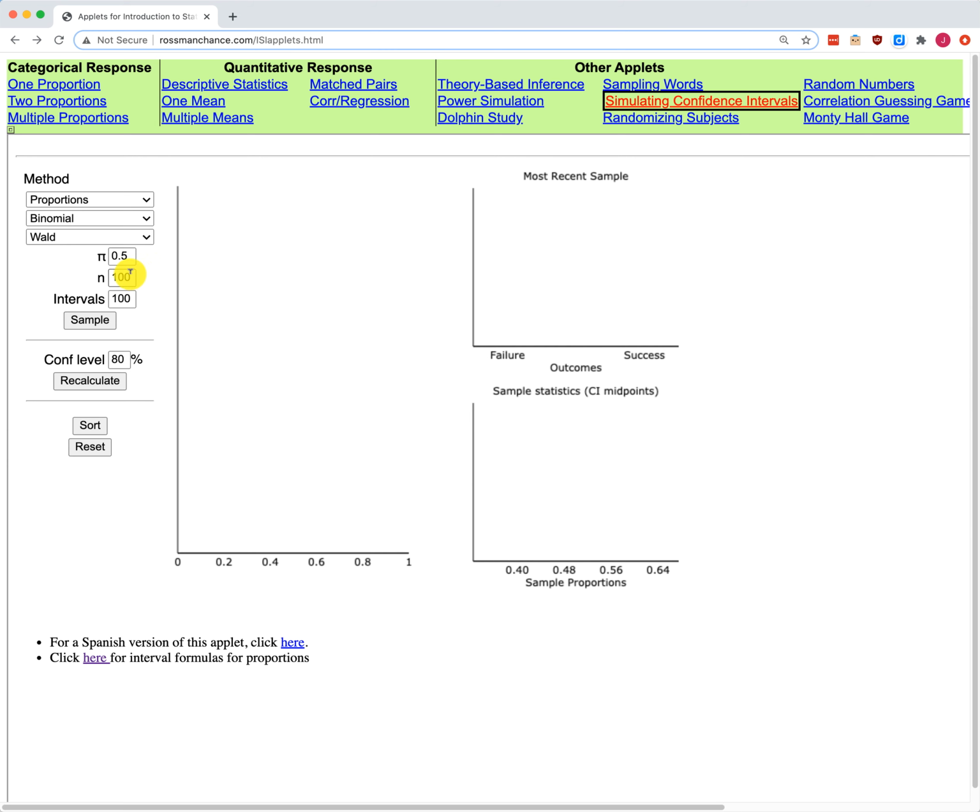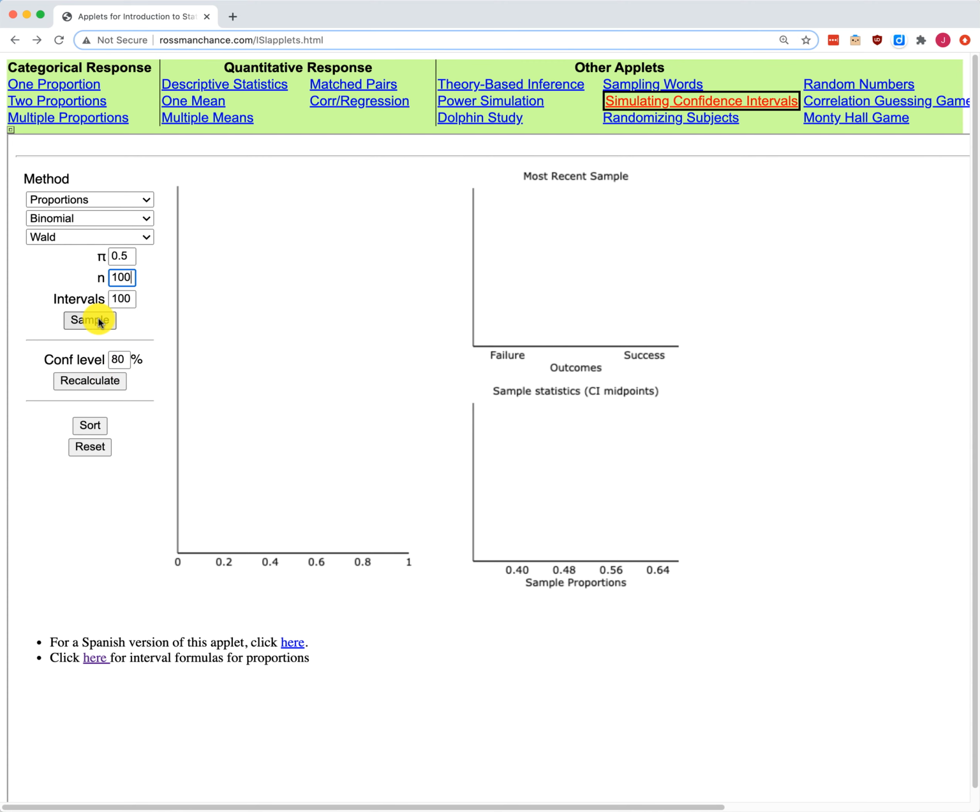Here's n. Let's do an experiment here. I've clicked the reset button, and we're going to do some comparisons. Let's let a sample size of 100 be chosen. Proportion is 0.5. We'll make 100 intervals, and the confidence interval is 80%.